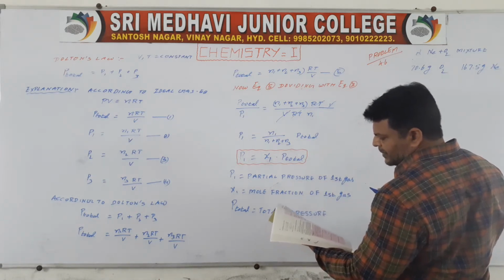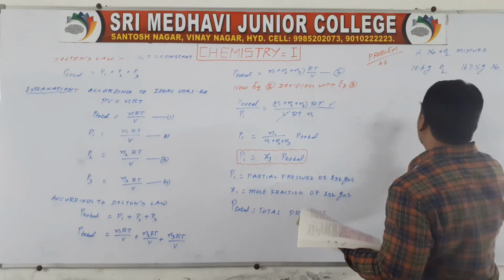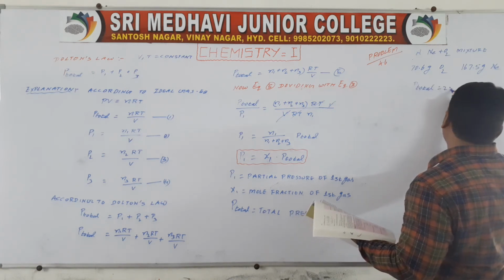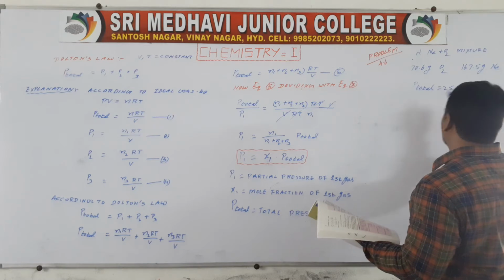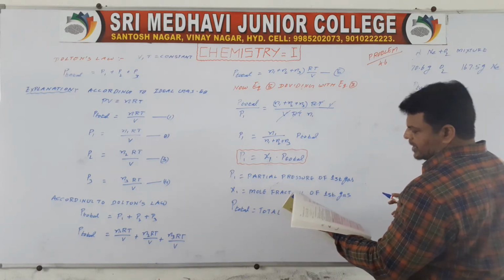If the pressure of the mixture of gases in the cylinder is 25 bar, P total equals 25 bar. What is the partial pressure of oxygen?